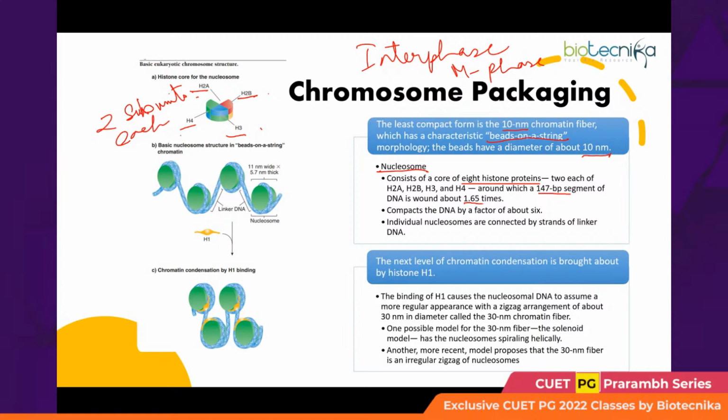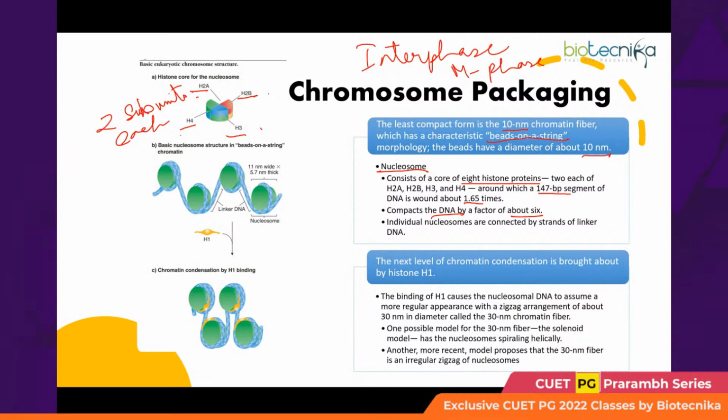Okay, right? So the ball will be there, which is made by the histone core, that is formed by two subunits each of H2A, H2B, H3, H4. Okay, and around it a 147 base pair long DNA will be wound around 1.65 times. Now this structure of DNA wound around the nucleosome core compacts the DNA by a factor of around 6.